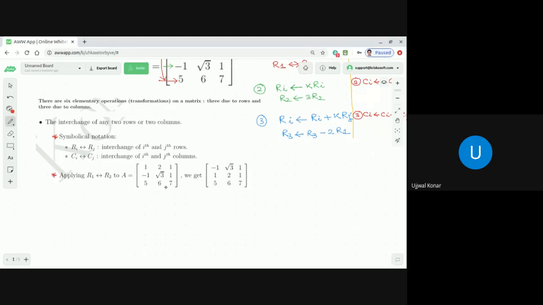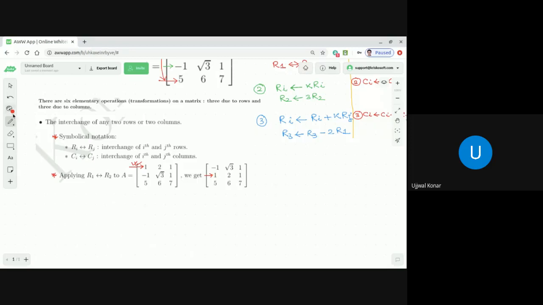For example, if our original matrix is this, and we interchange R1 with R2, whatever the first row is in the original matrix becomes the second row, because we are interchanging R1 and R2, right?